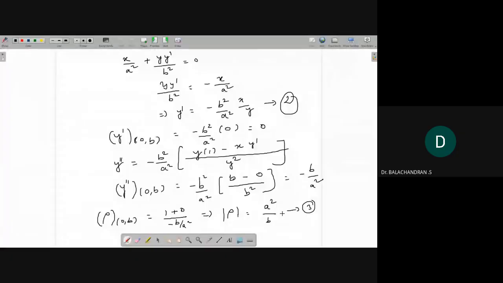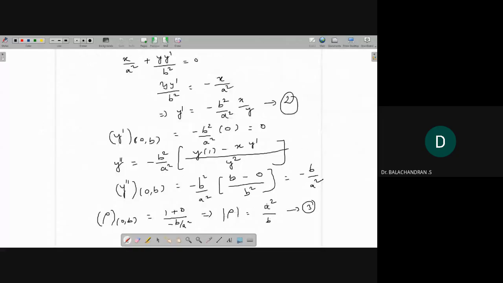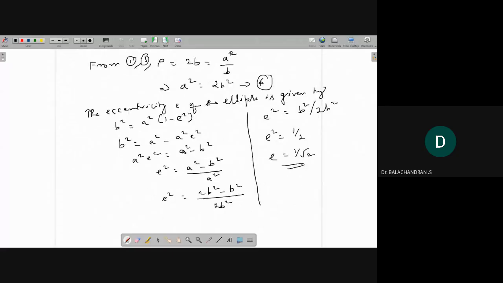But we already know that rho is 2b. Now I am going to equate: 2b is equal to a square by b. So from this a square equal to 2b square. The eccentricity e of the ellipse is given by b square equal to a square into 1 minus e square.